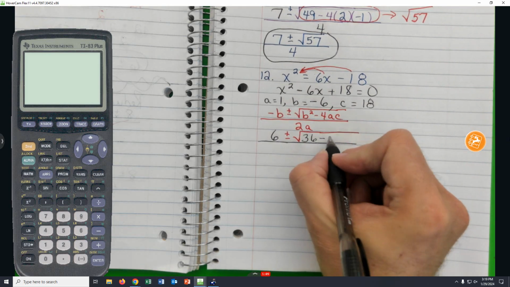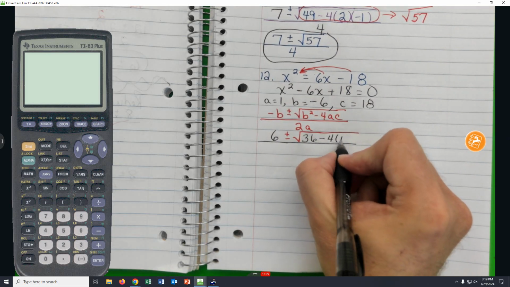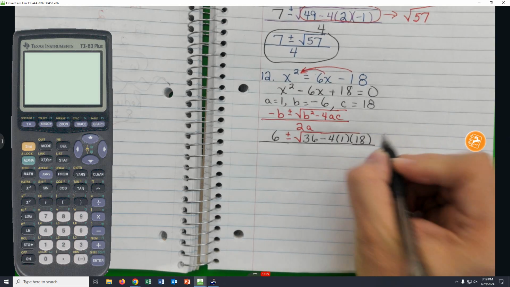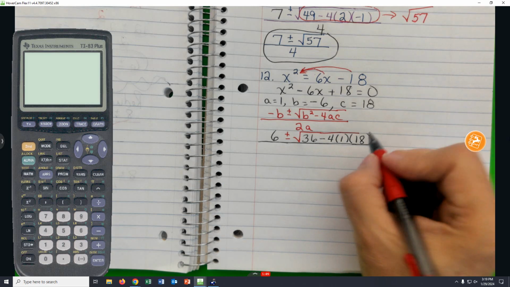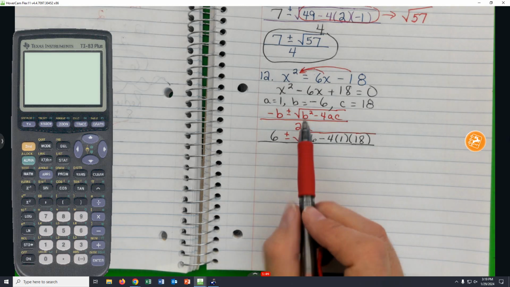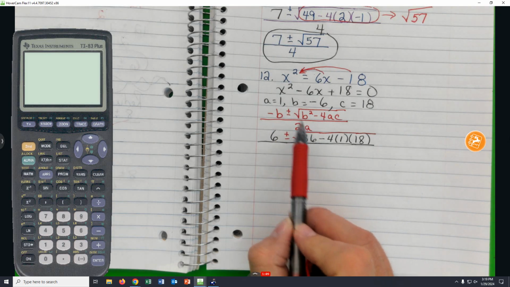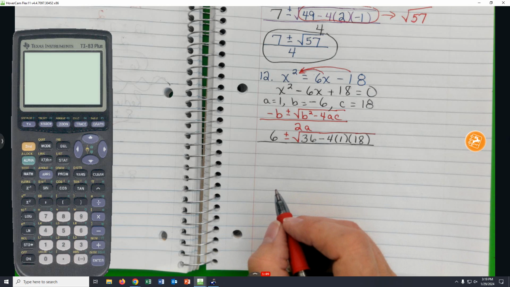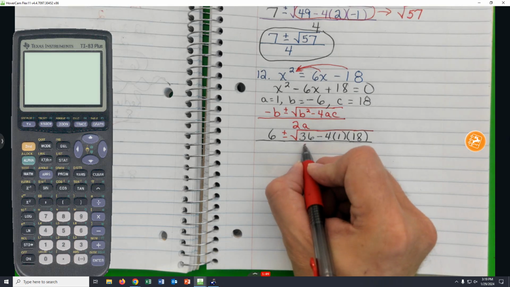Then we'll write minus 4 times a times c, all over 2 times a. Can we do the 2 times a in our head? I sure think so. 2 times a, 2 times 1 is, is that going to be a 2?